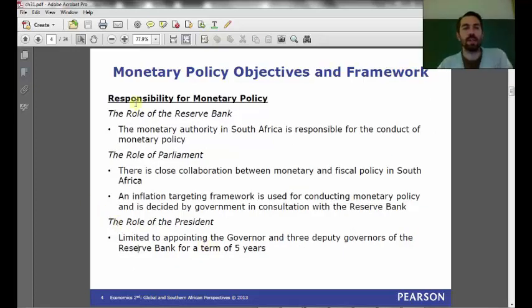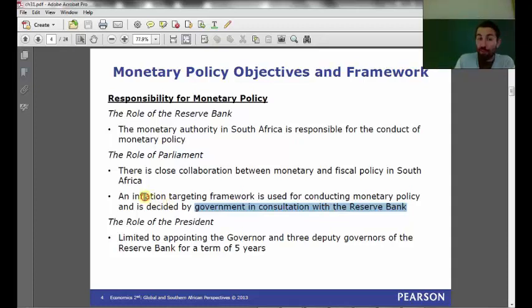So monetary policy is the responsibility of the Reserve Bank. So the role of the Reserve Bank is conducting monetary policy. What is the role of Parliament? There is a close collaboration between monetary and fiscal policy in South Africa, and an inflation targeting framework is used for conducting monetary policy, which is decided by the government in consultation with the Reserve Bank.